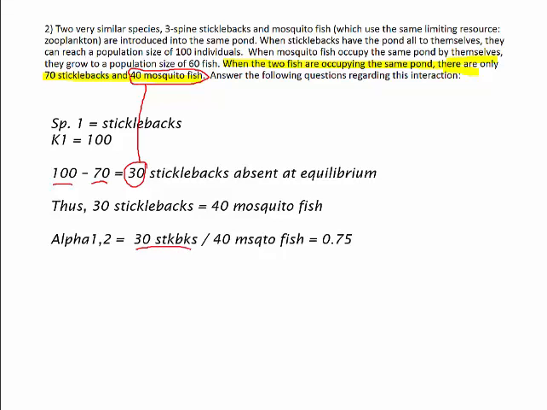So 30 sticklebacks divided by 40 mosquito fish gives us the impact of the mosquito fish on species 1, the stickleback. Okay, and so that comes out to 0.75. So all that is to say that one mosquito fish consumes the same amount of resources as 0.75 sticklebacks. And we're able to get that because we are converting the impact of the mosquito fish onto the sticklebacks.